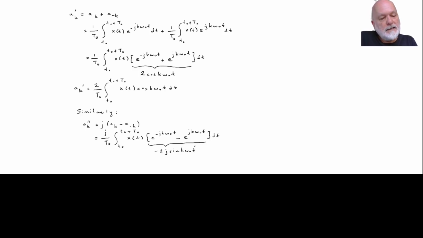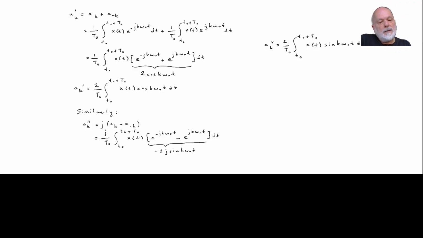So this gives us the following expression. Let me continue over here. ak double prime is equal to, now j times j is minus 1 and we have another minus sign, so we have 2 over T0. The integration is over a period, and we integrate x of t multiplied by sine k omega 0 t.